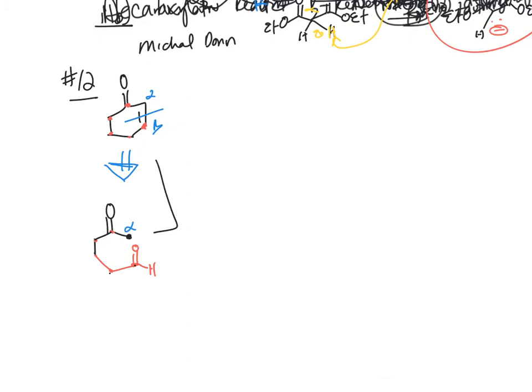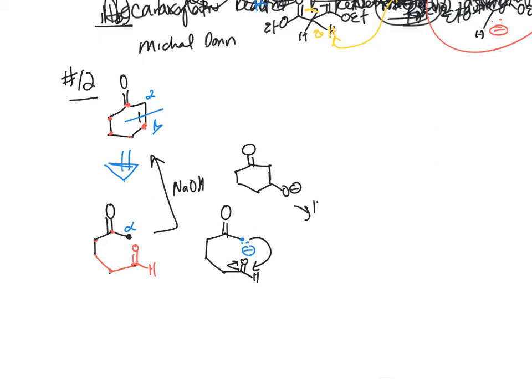So basically sodium hydroxide, and you make your enolate from your alpha carbon. This is an intramolecular reaction. And then this would come here and form this right here.